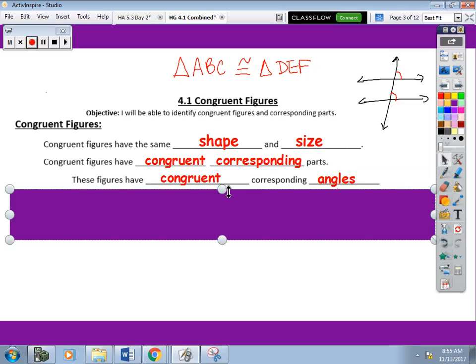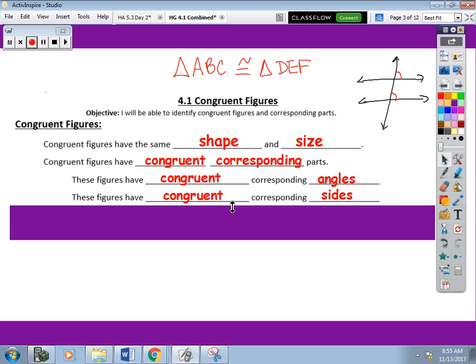All right, so these figures are going to have the corresponding parts will be congruent corresponding angles, and they'll also have to have congruent corresponding sides. And you can use the congruent symbol if you would prefer. But they have to have basically 3 pairs of congruent angles and 3 pairs of congruent sides to be congruent.